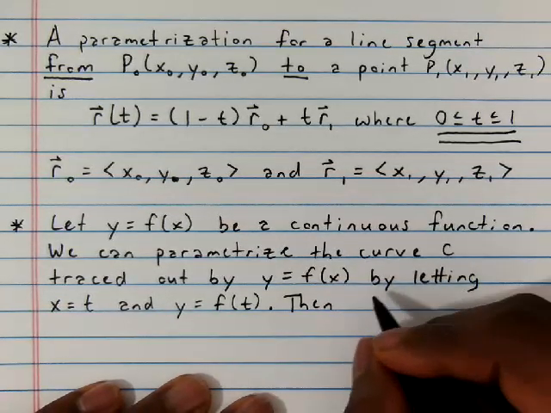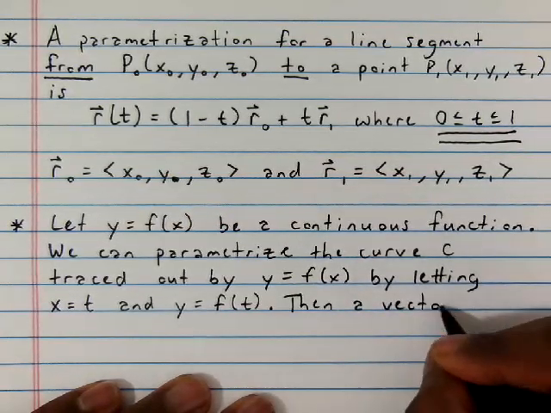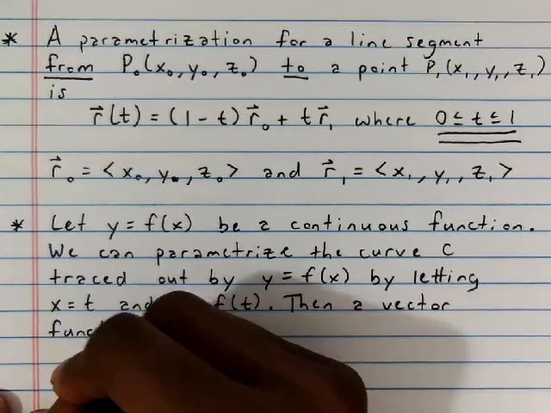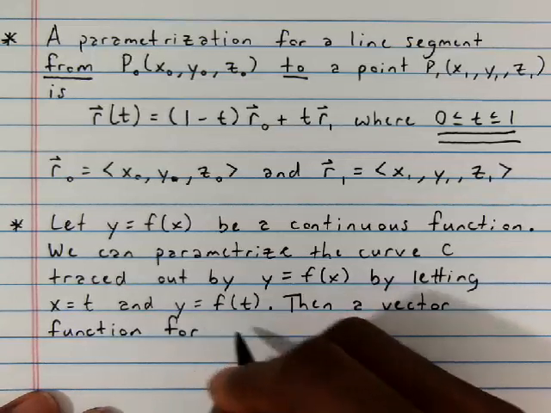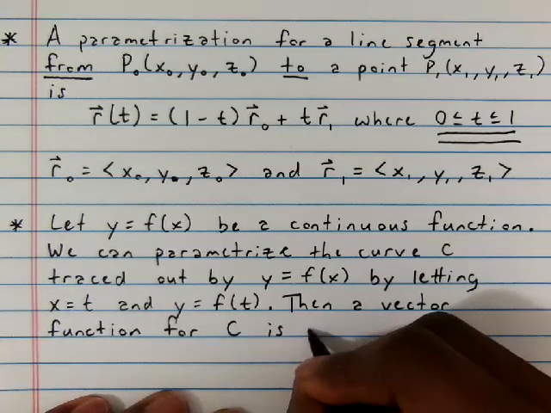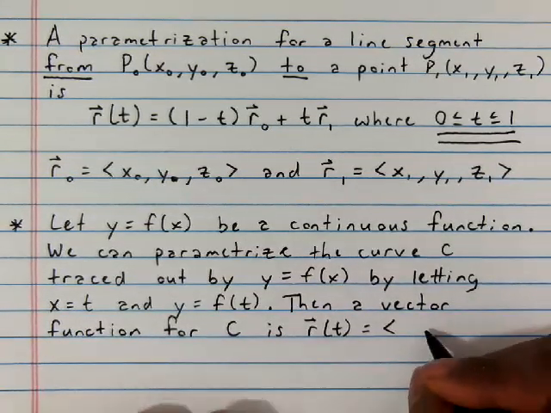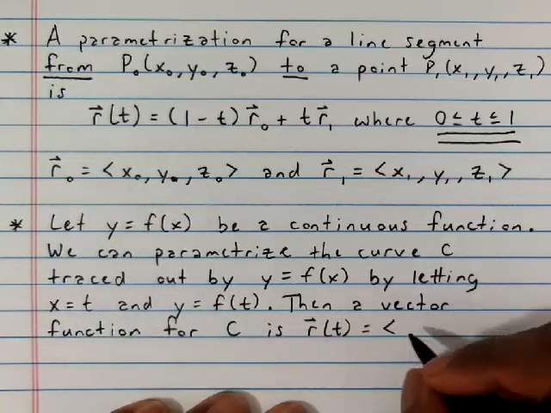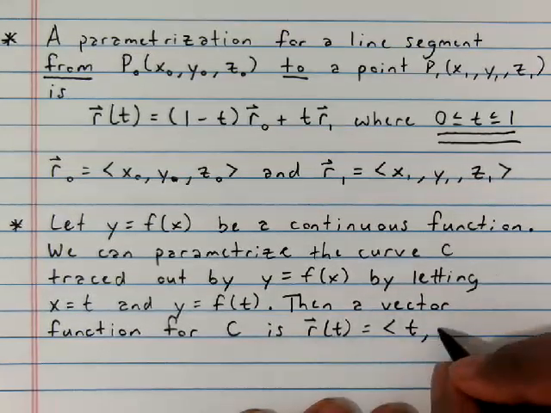Then a vector function for the curve C is just the vector r of t. Its first component is just as usual whatever our x is, which is t. And the second component is whatever our y is, which is f of t.